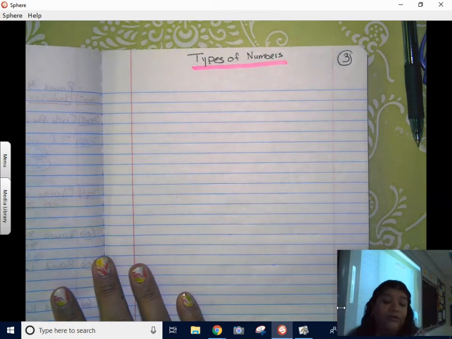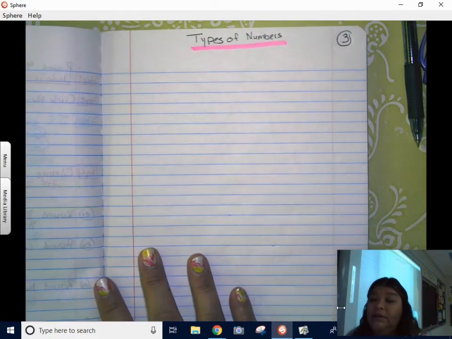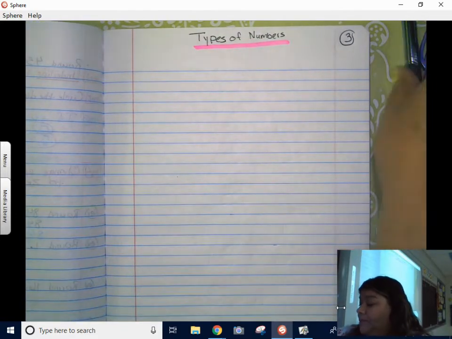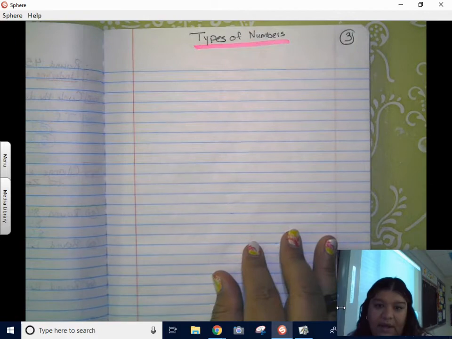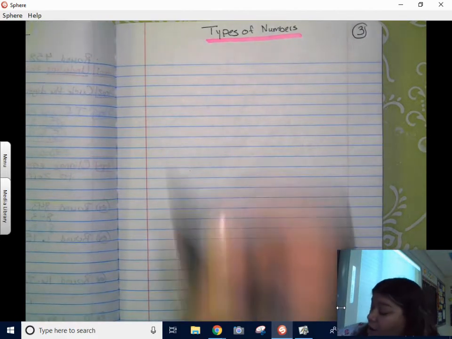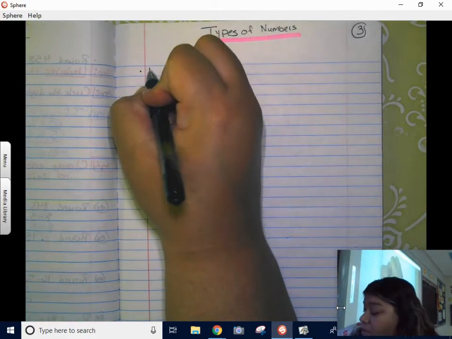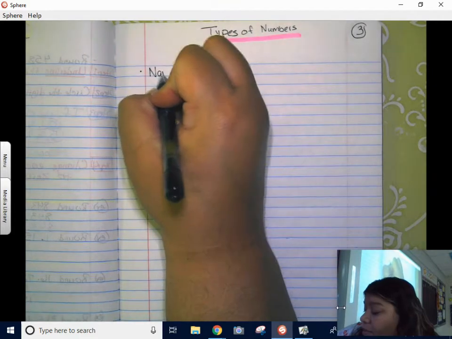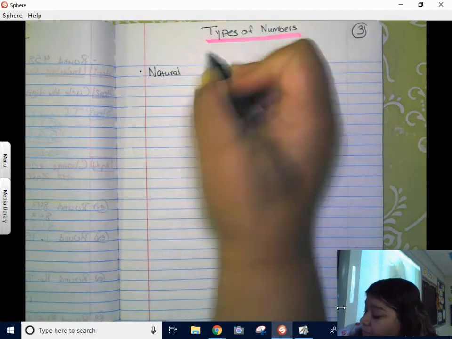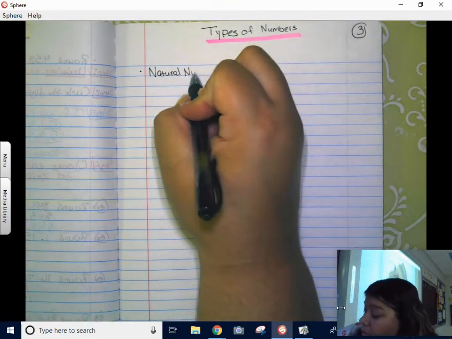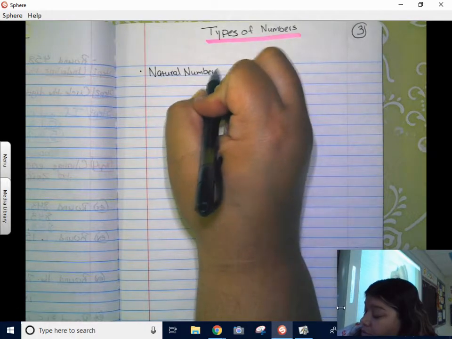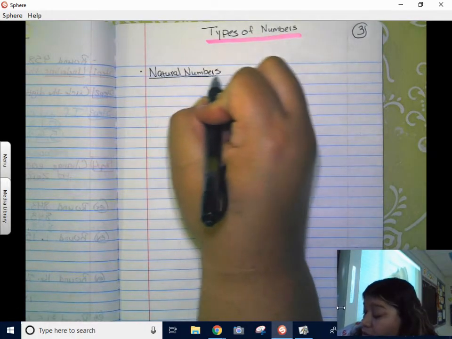Okay, so the first one, the very inclusive one, the one that is the smallest in the Venn diagram, is going to be our natural numbers. Okay, do you remember your natural numbers? They were the first numbers that you ever learned.